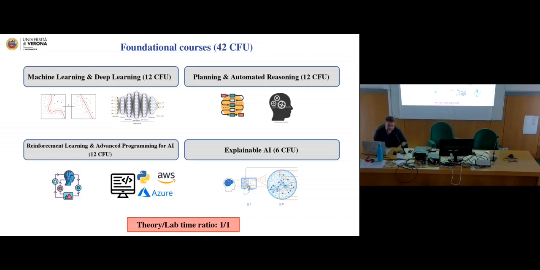You can also see if you browse the department pages that the course is waiting for the last confirmation. However, we didn't have any problems so far, and we have just to wait probably until the end of May or the beginning of June.